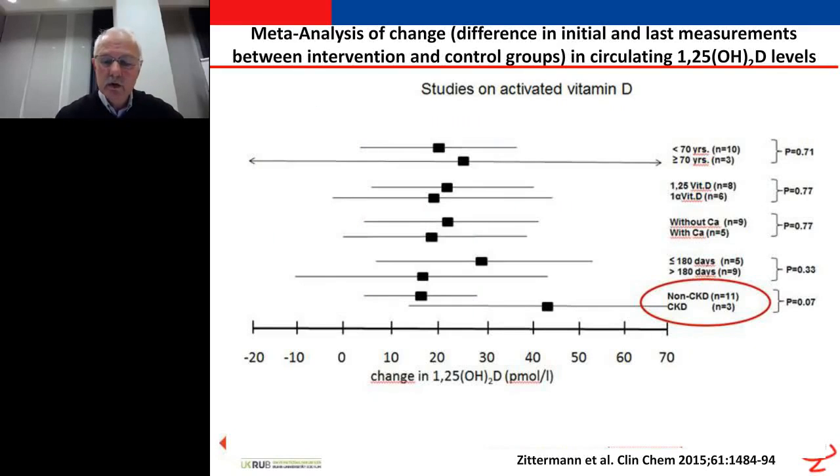And here you can see the effect of activated vitamin D on circulating 1,25 OHD levels in the lower part of this slide. And you can also see that the effect of activated vitamin D on circulating 1,25 OHD is only based on 3 studies.